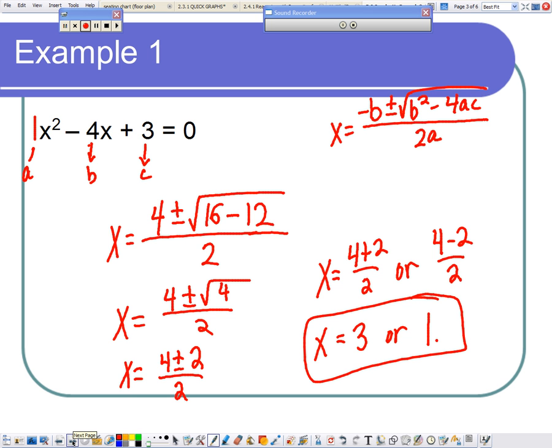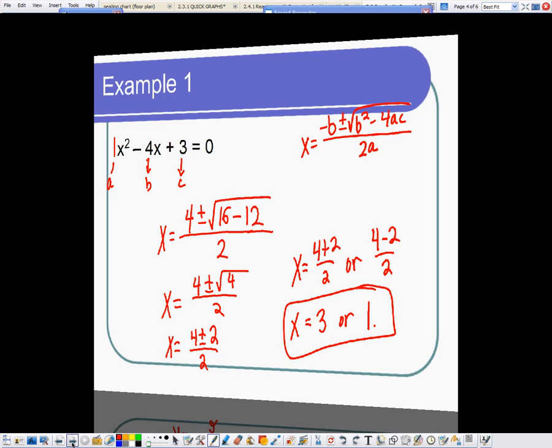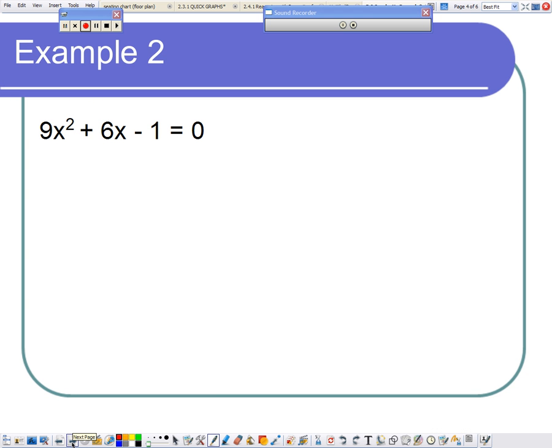Okay? So let's take a look at another example. This is 9x squared plus 6x minus 1. So when we're looking at this example, we've already got y equals 0. So remember, negative b plus or minus square root of b squared minus 4ac, all over 2a.